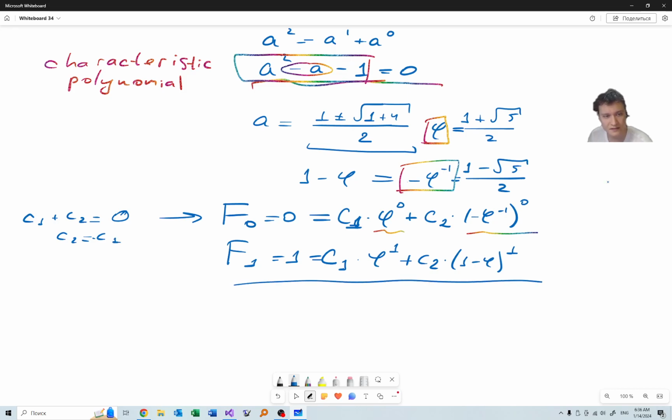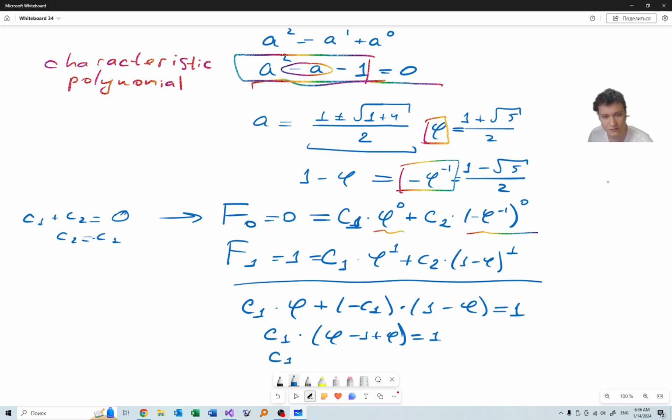And this thing says that c1 times phi plus minus c1 times 1 minus phi equals 1. Then you just solve this equation. You see that c1 times phi minus 1 plus phi equals 1, and easily c1 is 1 over 2 phi minus 1.